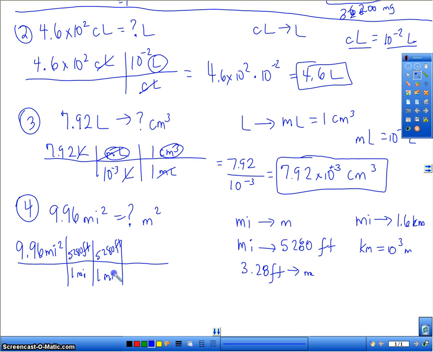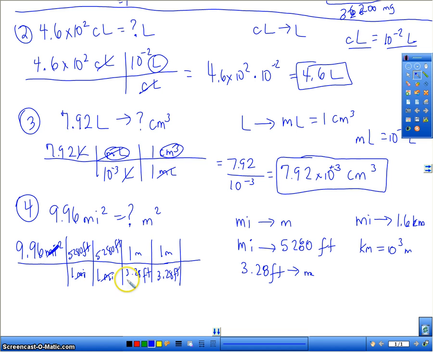And each of these miles is going to cancel both of those miles. And then I have to convert each one of those feet to meters. So I'll say 3.28 feet is 1 meter. And 3.28 feet is 1 meter.